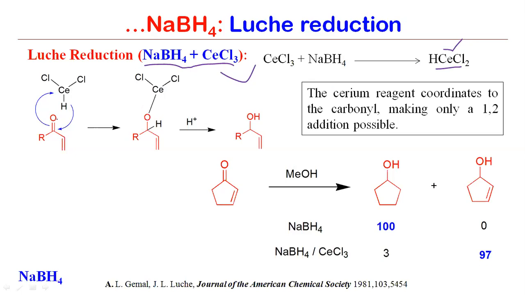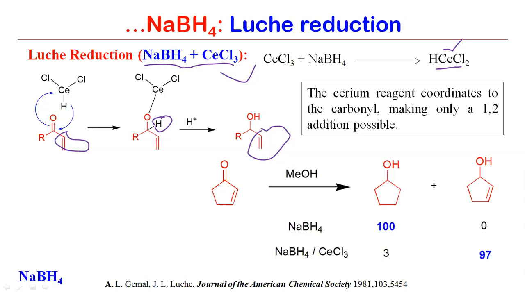You can see here, this oxygen is getting coordinated with the cerium. Because of this coordination, it activates this carbonyl, the carbon oxygen bond, so that the addition can take place in the 1,2 fashion. So if there is any double bond, that double bond will not be hampered. That double bond will remain as such in the solution.